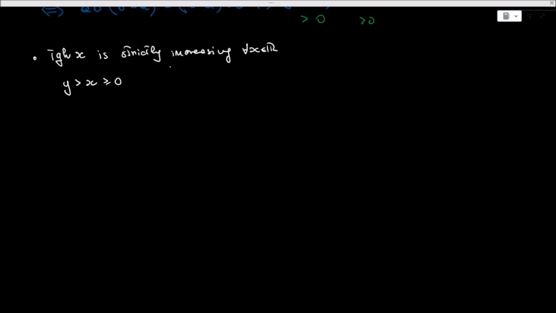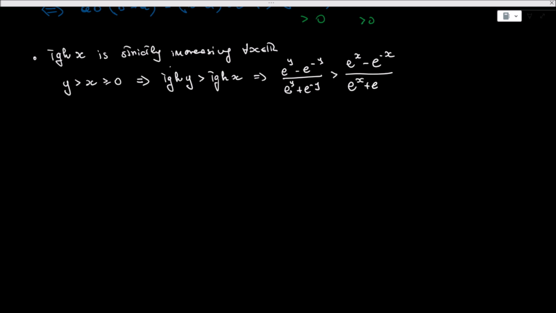From this we would like to prove that the hyperbolic tangent of y is strictly larger than the hyperbolic tangent of x, which is just like proving that (e^y - e^(-y))/(e^y + e^(-y)), this is the hyperbolic tangent of y, is strictly larger than (e^x - e^(-x))/(e^x + e^(-x)).